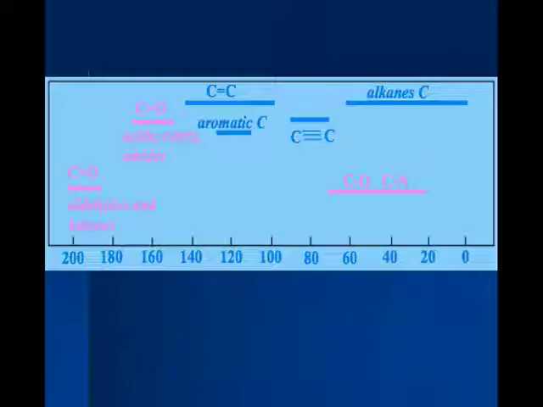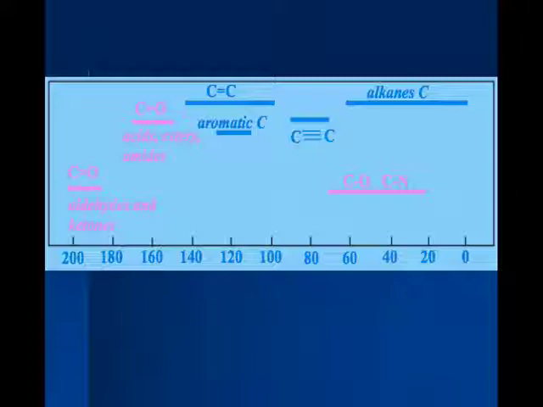Okay? The carbon chemical shift is not 0 to 10. The chemical shift for carbon spectra is 0 to 200. It's a much larger chemical shift range. That is good because it allows signals to be separated such that you can see them easily.